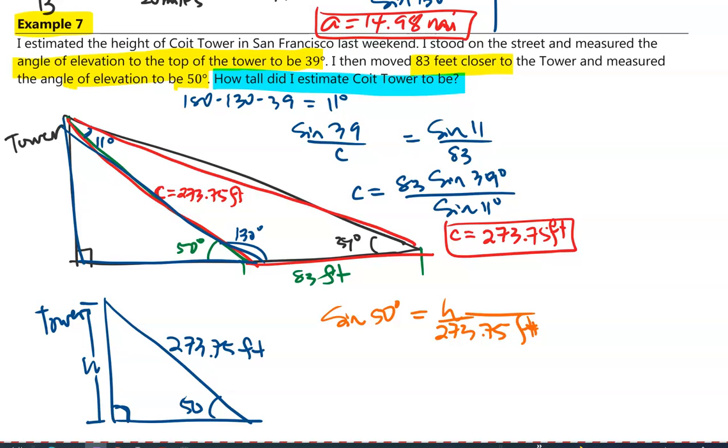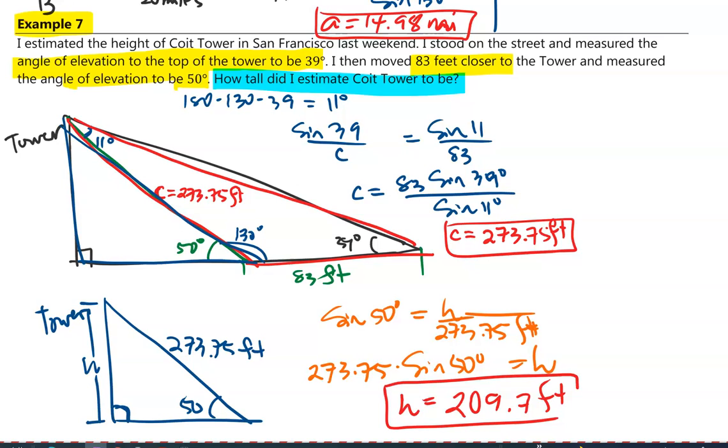So 273.75 times sine of 50 degrees is equal to the height, and here's your calculator. Height is going to be equal to 209.7 feet.